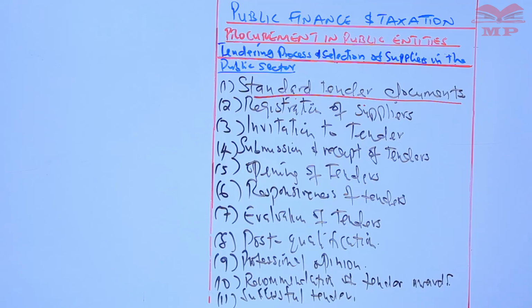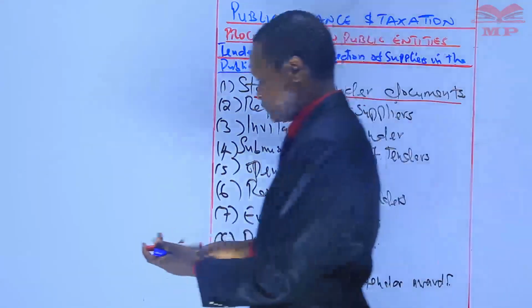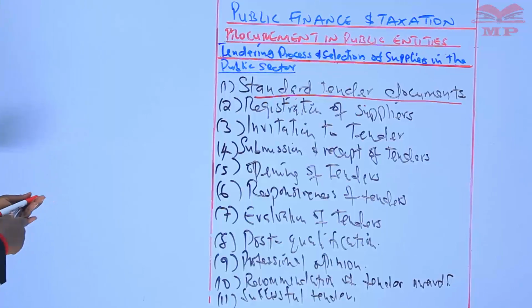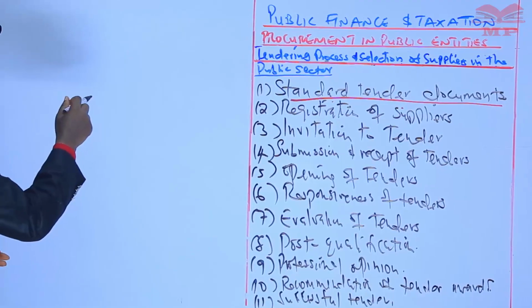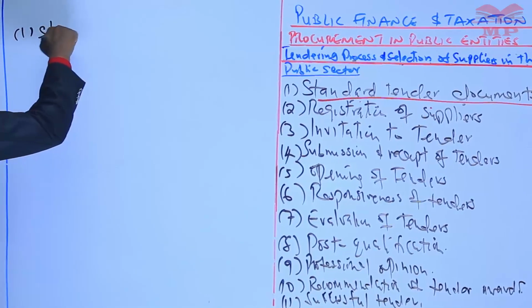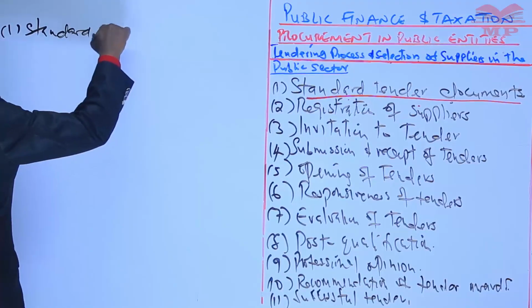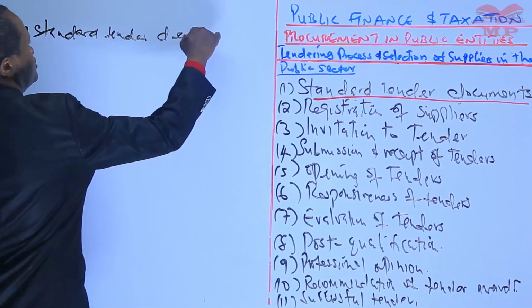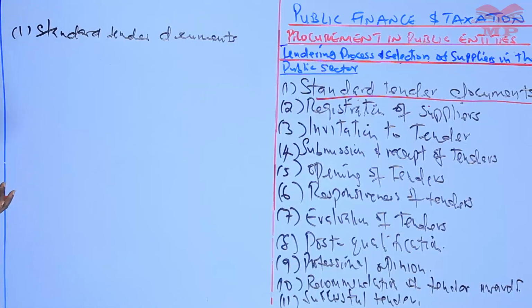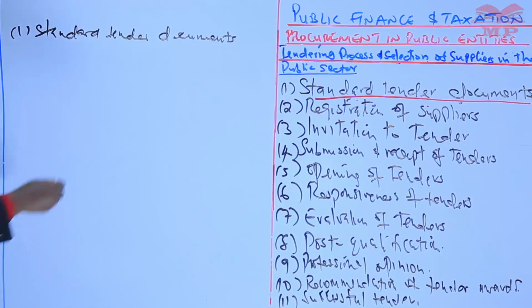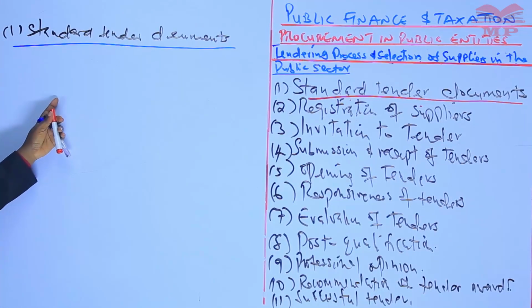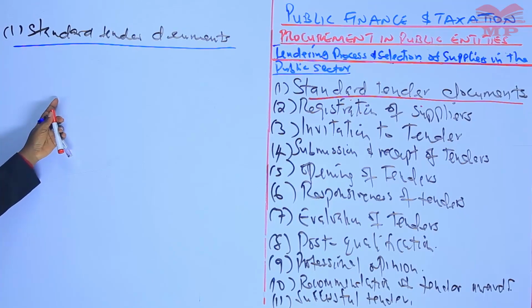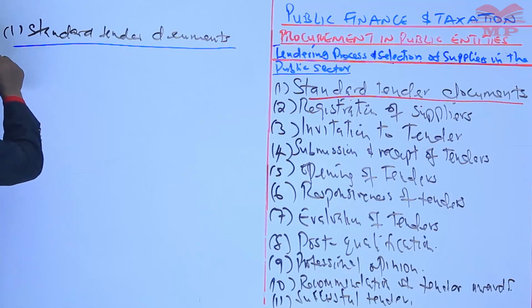All right? One feature of these tender documents is that the documents used by a procuring entity should contain sufficient information.